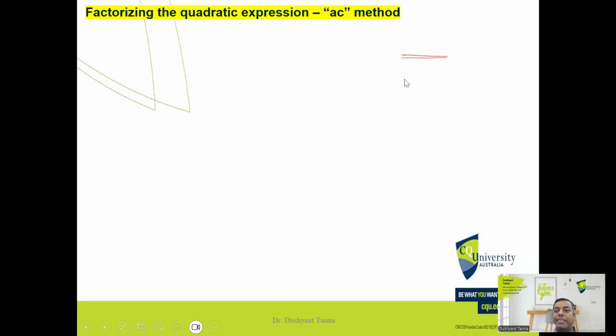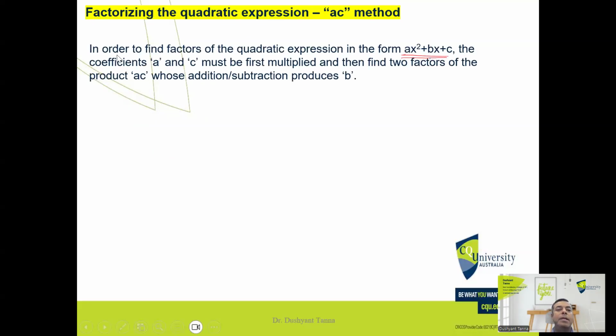Now, this AC method. In order to find factors of the quadratic expression of the form ax squared plus bx plus c, what we do is multiplying a and c, and that's why it's called AC method.